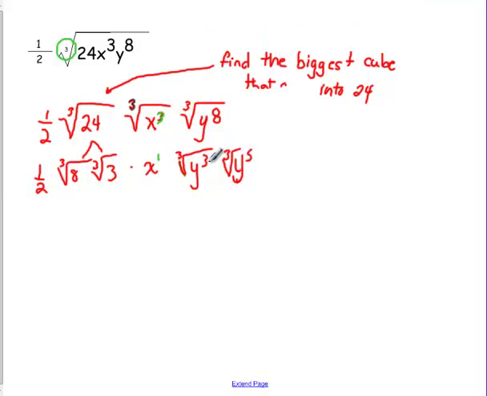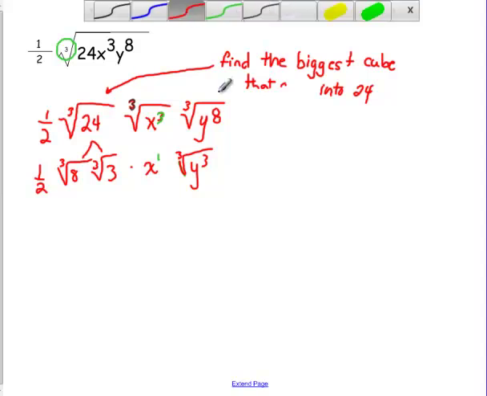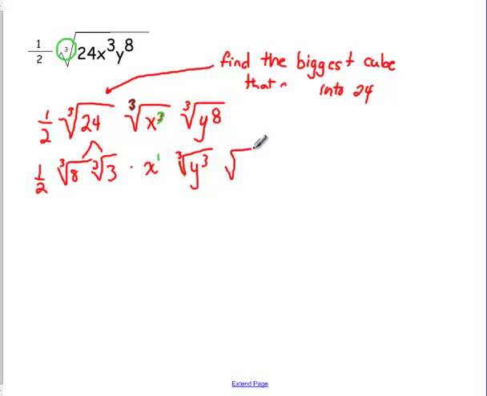Because you add exponents, 3 plus 5 gets you 8. But guess what? There's a y cubed inside of this. So I could have really made it another cube root of y cubed and then a cube root of y squared. Because look, 3 plus 3 is 6 plus 2 more is 8.